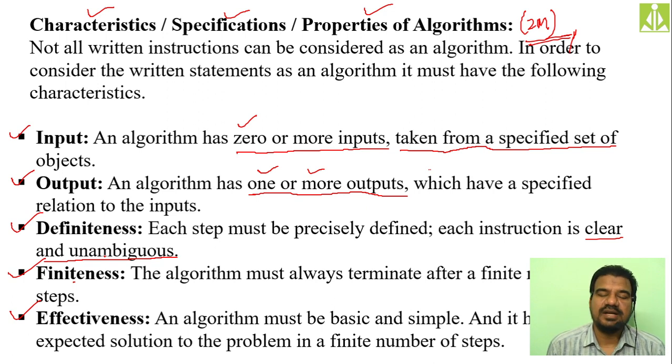So finiteness is also an important consideration when we are developing or writing the algorithm. Then the last one, effectiveness, how effective your algorithm is. It should be basic and simple. If you are doing some complex calculations in the algorithm, again nobody will show interest in the development of your algorithm.